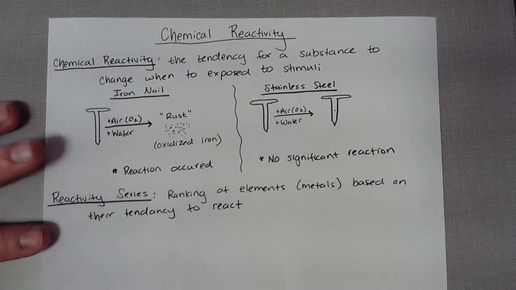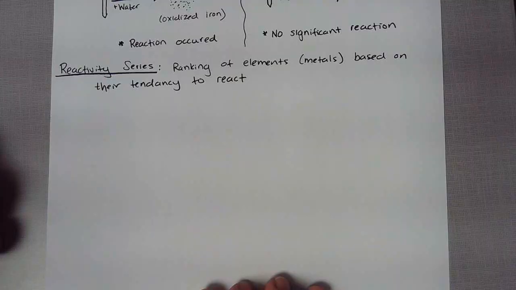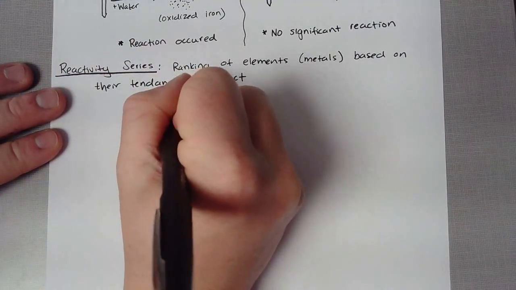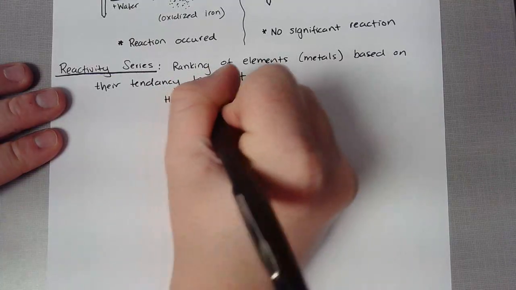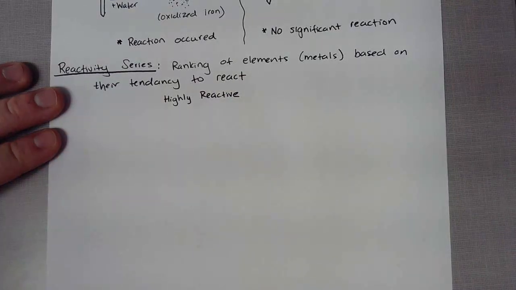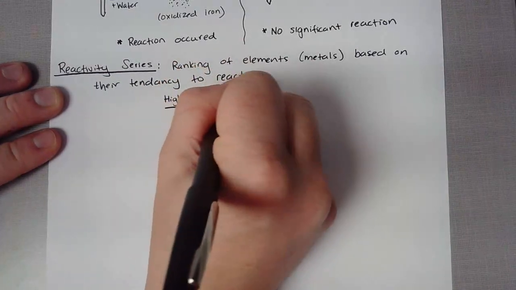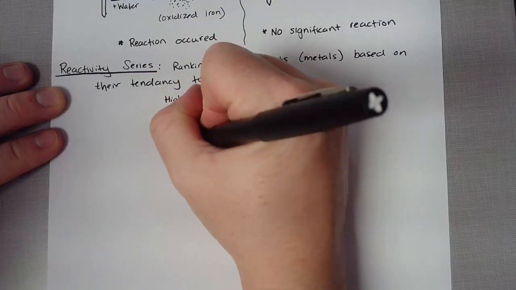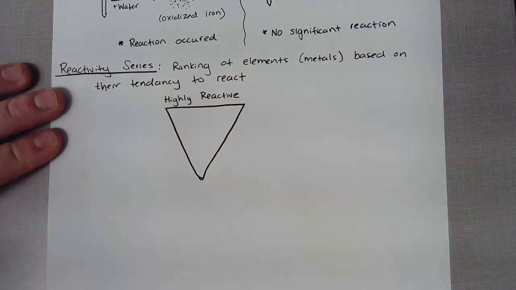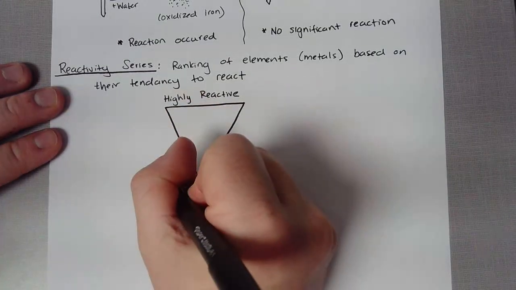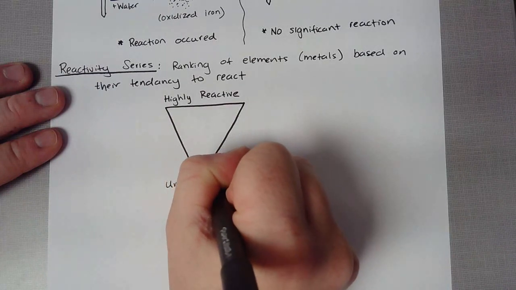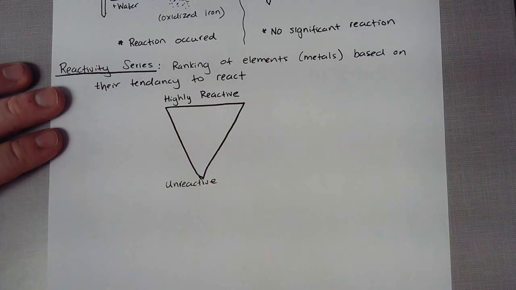Some elements are going to be very, very reactive, and we would see them near the top of the series, which means they react with a ton of things. While other elements are going to be non-reactive or unreactive, and we see them at the bottom of the series.